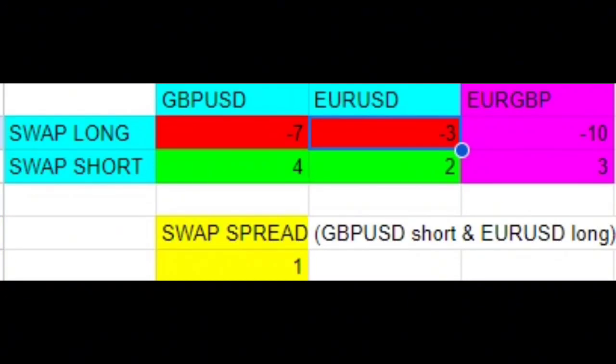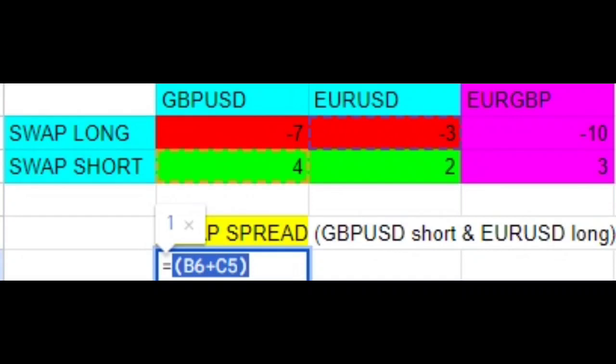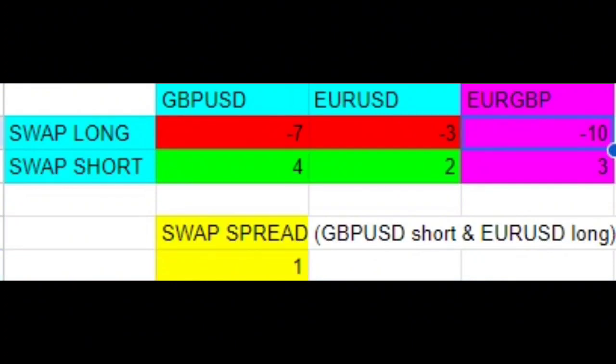As a result, you will get paid $1 every night for having your operations running on the market, instead of paying $10 every night.